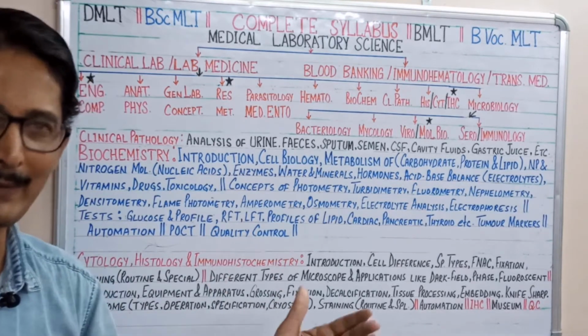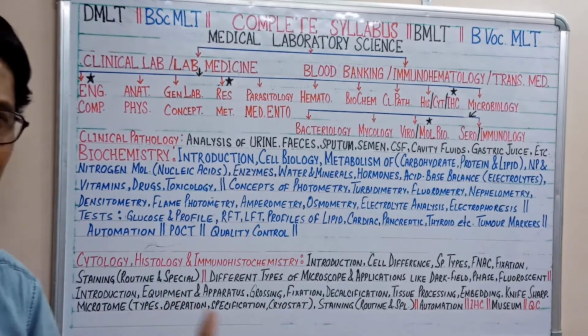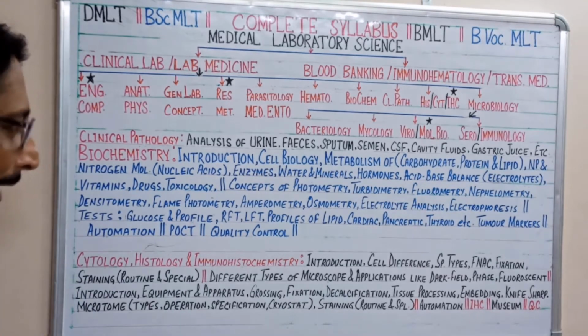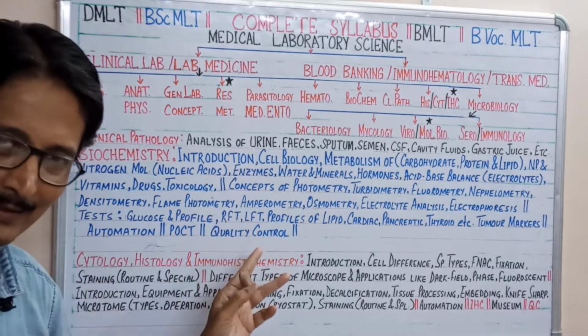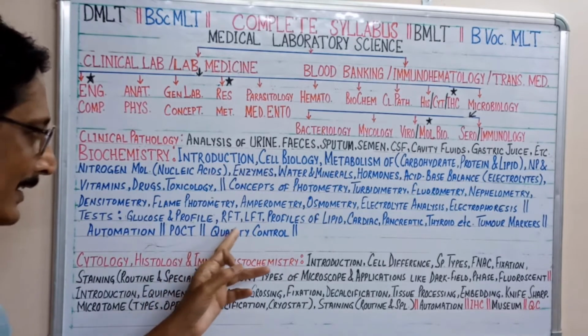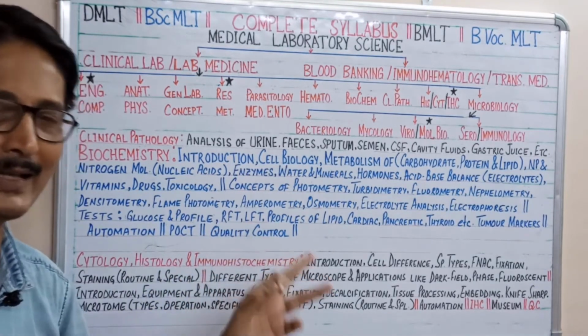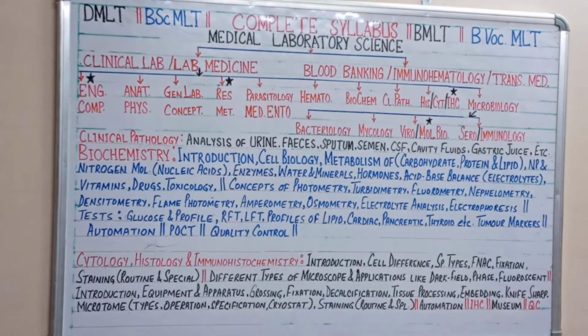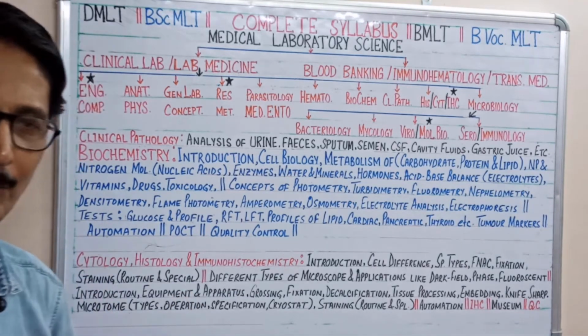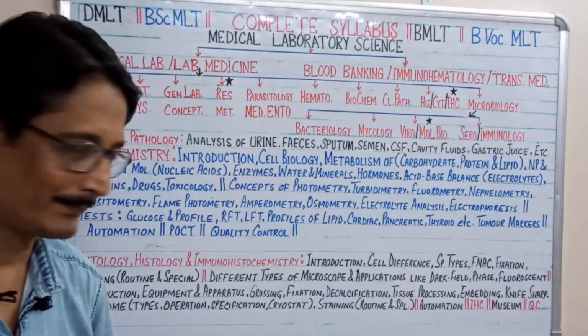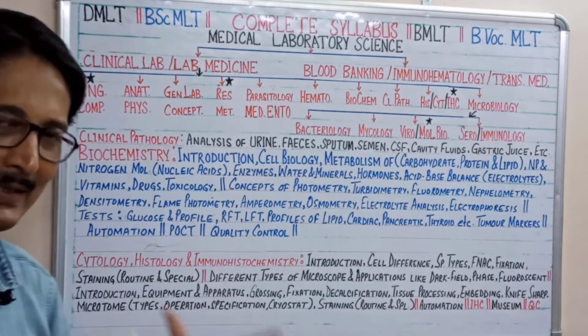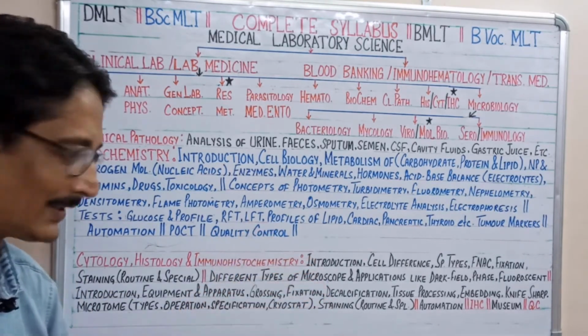Many parameters, like 3 to 7, are measured in the renal function test, and LFT is the liver function test, showing how the liver is working or whether it is impaired. So there are many tests included in the liver function test.